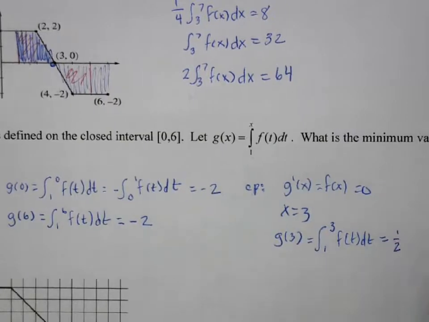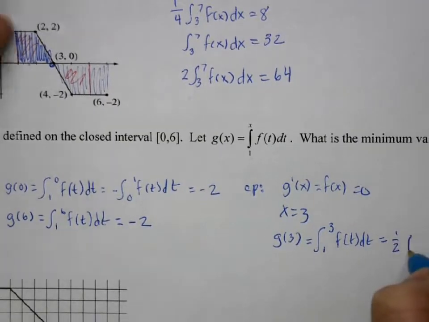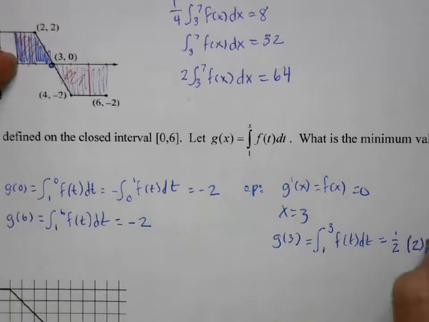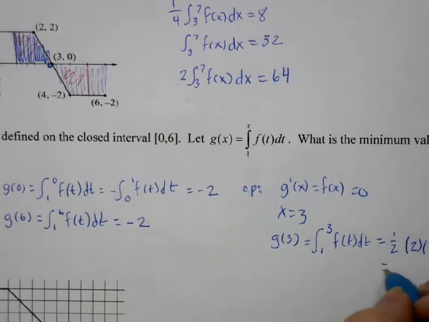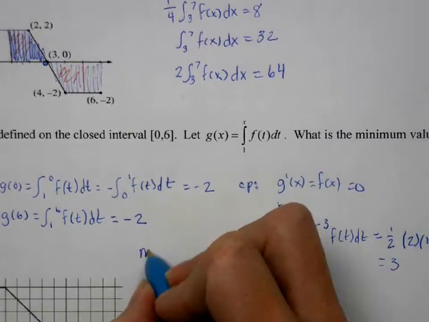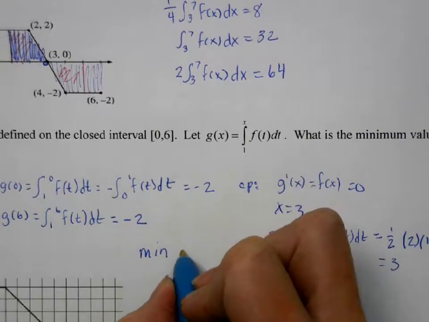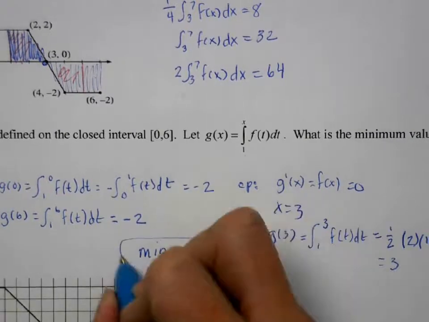It's a trapezoid, so 1/2, the height is going to be 2, and then the two bases are 1 and 2. So this will end up being 3. So the minimum value is negative 2.